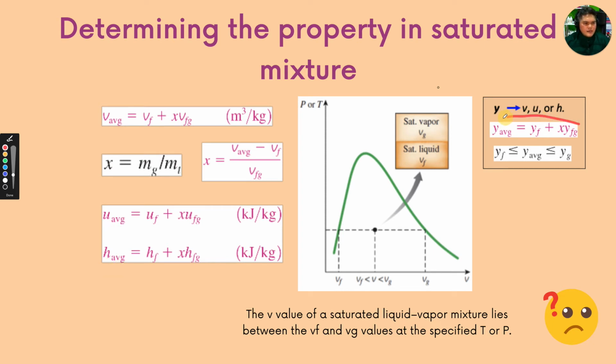So a simple formula you can refer to is Y average equals YF plus X YFG, where Y can be V, U, or H: specific volume, internal energy, or enthalpy. You have to know that the Y average here should be between YF and YG. Alright.